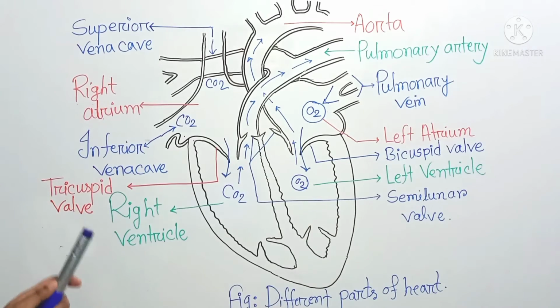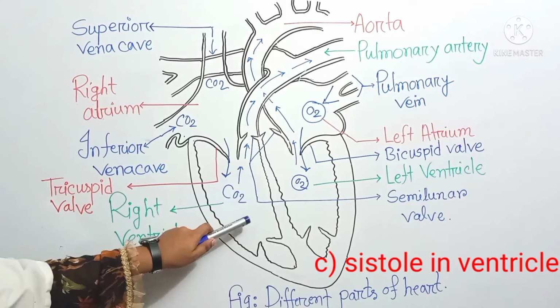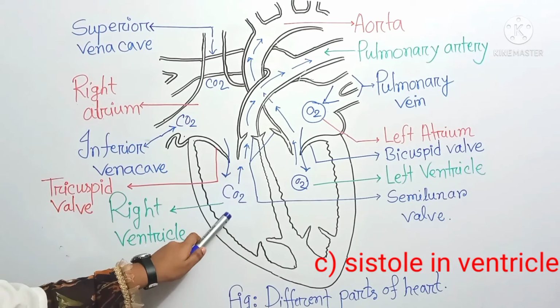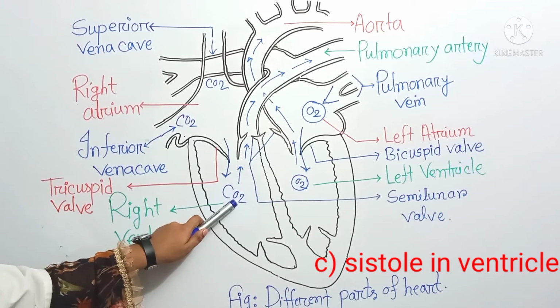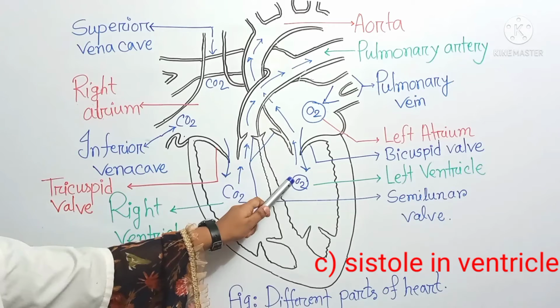Now let's see systole of ventricle. Ventricles contract when they are filled with blood. The right ventricle is filled with carbon dioxide rich blood and the left ventricle with oxygen rich blood.